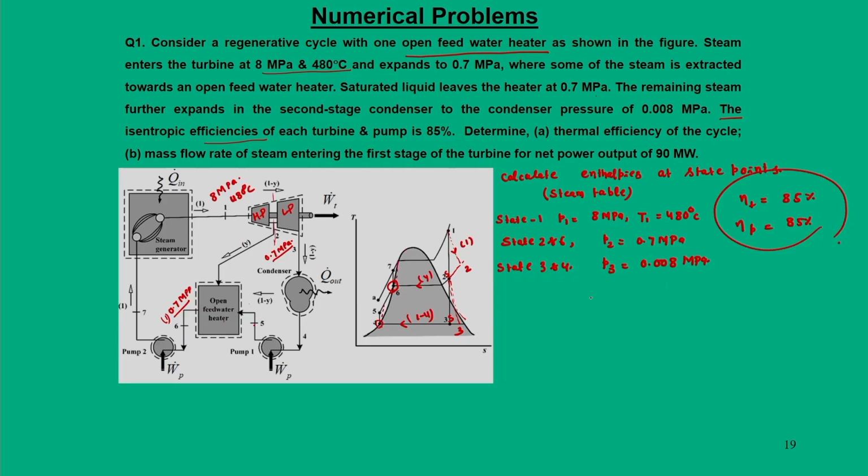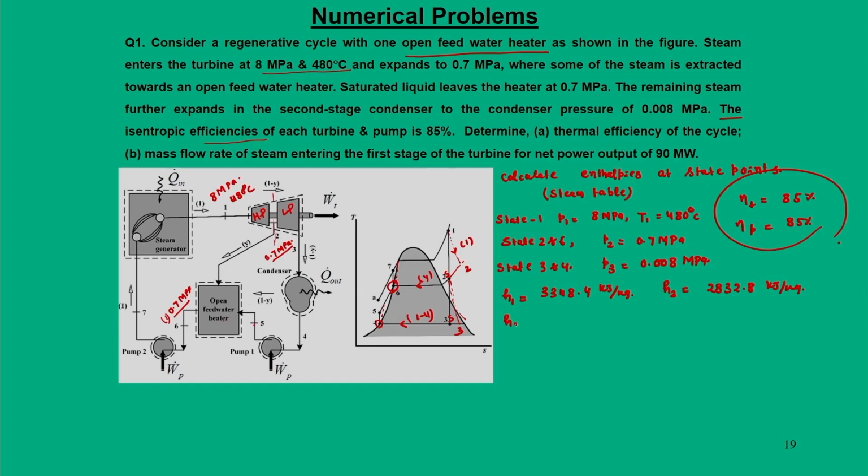So, considering this data and from our previous discussions, one can find out various values from the steam table, namely these enthalpies. I am just writing down the values extracted from the steam table, only the enthalpies we require. The enthalpy at state 1 is 3348.4 kilojoule per kg, H2 is equal to 2832.8 kilojoule per kg.